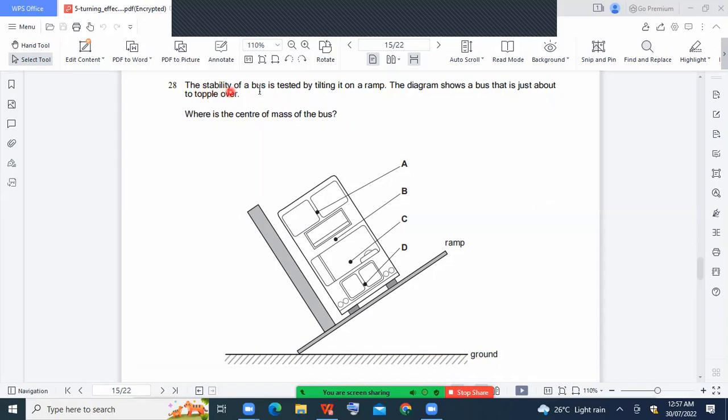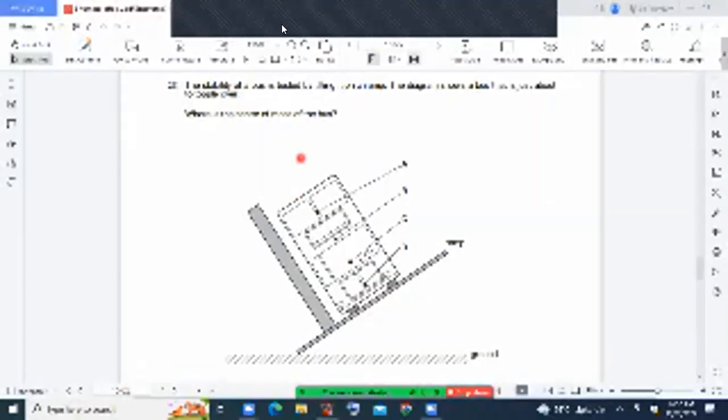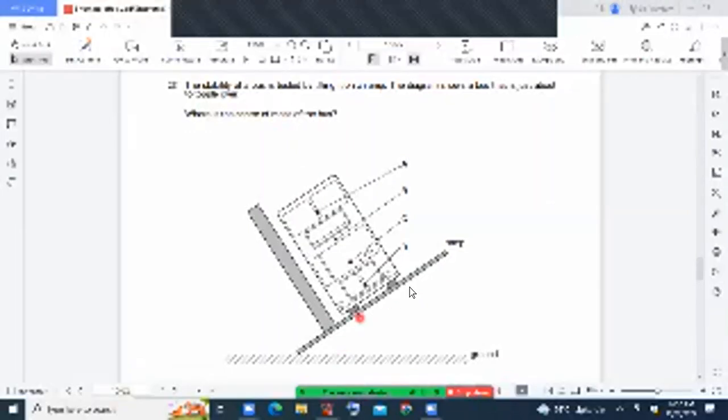28. The stability of a bus is tested by tilting it on a ramp. Okay, it's a ramp and it's a bus. So you can see it's a bus. And this is a ramp. Normally the ramp is level.